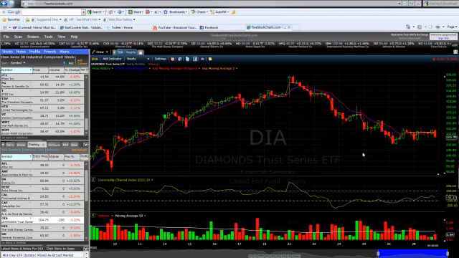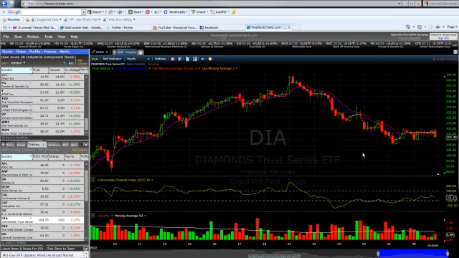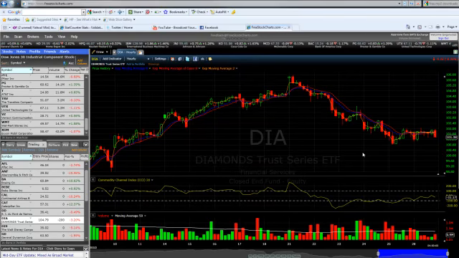Now, generally speaking, if you want to make $500, then trade 100 shares. If you want to make about 1,000, trade 200. If you want to make 2,000, trade 400 shares. This month, looks like we only made $375 per 100 shares. But if you had 600 shares, then you would have made a nice little profit there.